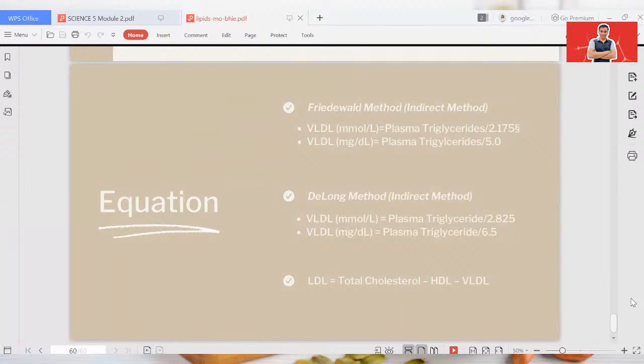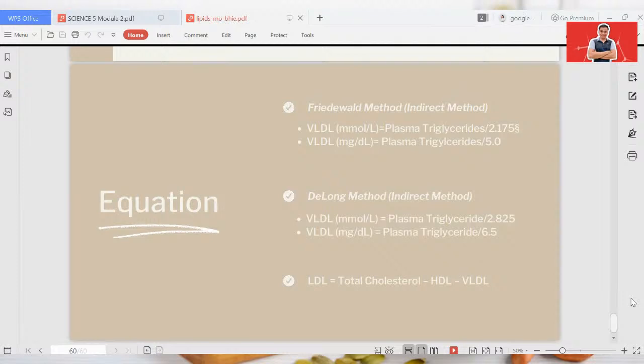So next is the Friedewald method or indirect method. Cardiovascular risk stratification defines the LDL-C value target. Therefore, the LDL-C measurement technique requires standardization and good accuracy. So the Friedewald formula is an estimation of LDL-C level that uses the following levels of total cholesterol, triglycerides, and high-density lipoprotein cholesterol.